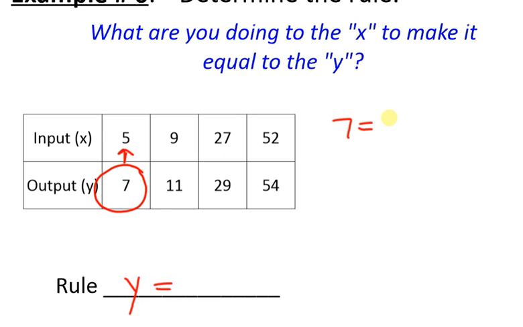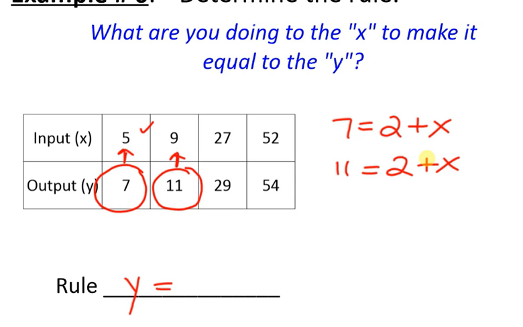So I'm going to do 2 plus x. So 2 plus 5, does that give me 7? Yes. Let's try the next one. 11 equals. The x with it is 9. How do I get from 9 to 11? Can I add 2? I certainly can. So it's 2 plus x.